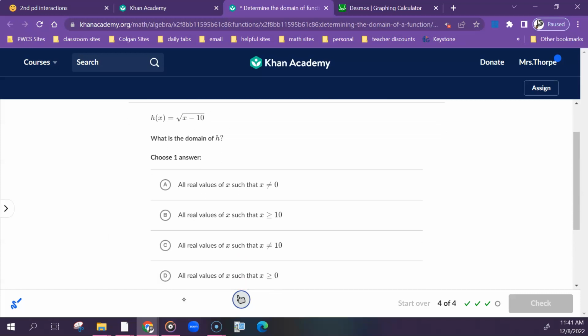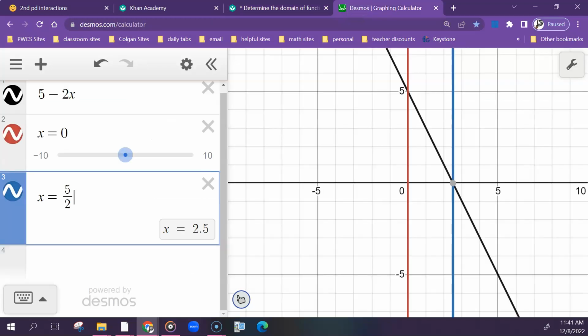I might do this again to show you one other example. So for this one, the square root of x minus 10.